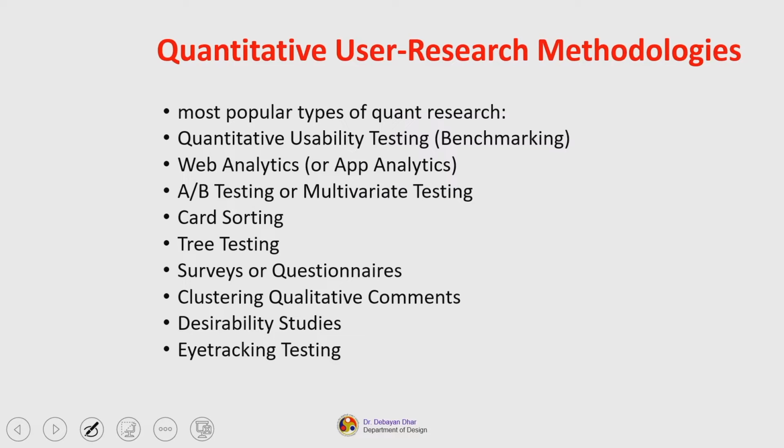Some of the most popular quantitative research methods are quantitative usability testing, which is often known as benchmarking, web analytics or app analytics, A/B testing, alpha beta testing or multivariate testing, card sorting, which we have already discussed in our last module, tree testing, already discussed, surveys and questionnaires, clustering, qualitative comments, somewhat discussed, desirability studies and eye tracking testing.